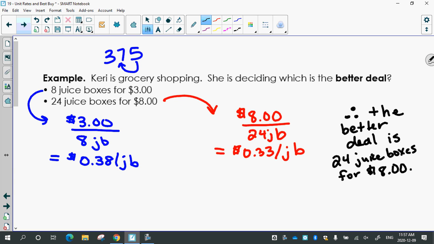Okay? So again, remember, money goes on the top when you're comparing unit prices or finding the best buy.